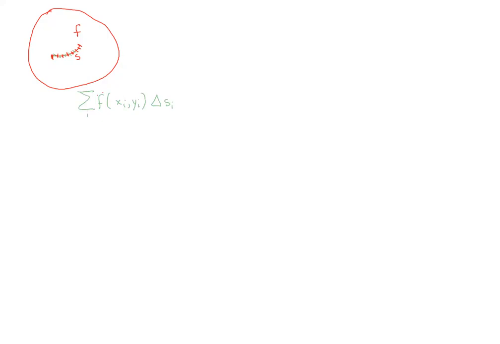And then what do we usually do with Riemann sums? We consider finer and finer partitions. So we divide into smaller and smaller pieces. And in the case of the Riemann integral, that tends to the actual value of the integral. In this case, this will tend to the scalar line integral of f along the path, ds.